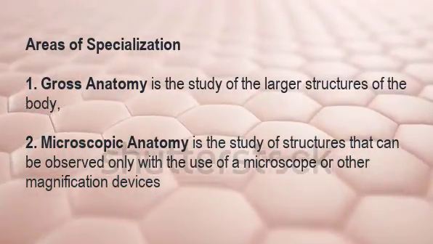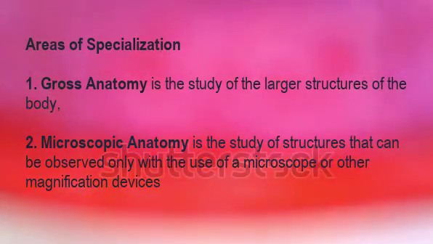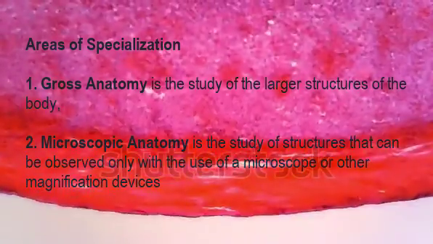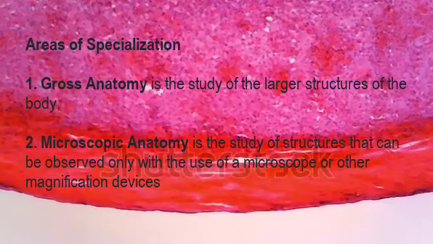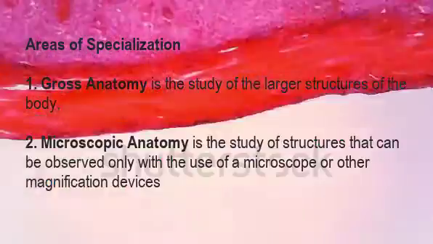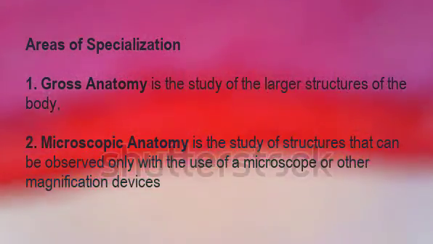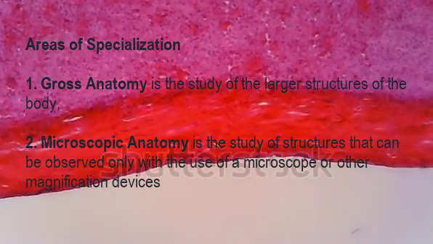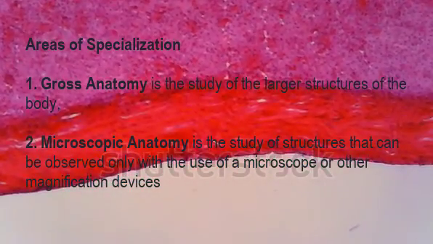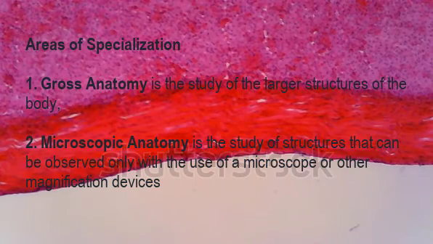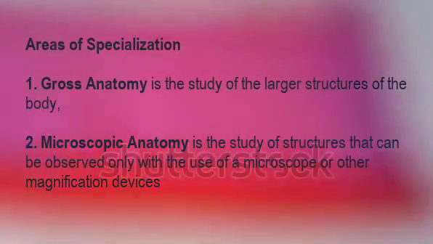As technology of microscopes has advanced, anatomists have been able to observe smaller and smaller structures of the body, from slices of large structures like the heart to the three-dimensional structures of large molecules in the body.